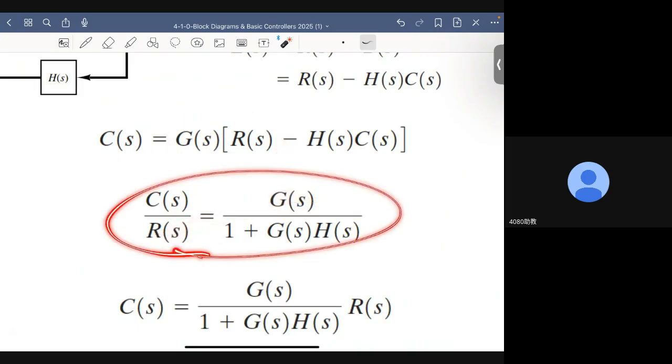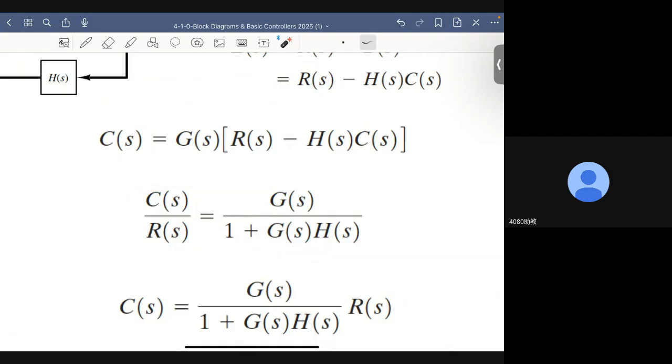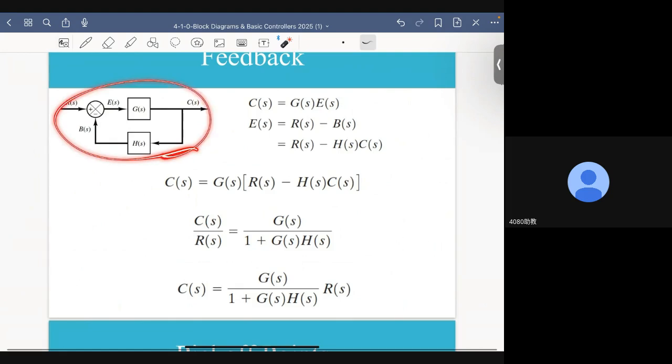So this is the transfer function I'm looking for, okay? What is this? This is the transfer function of this closed loop feedback system, okay?